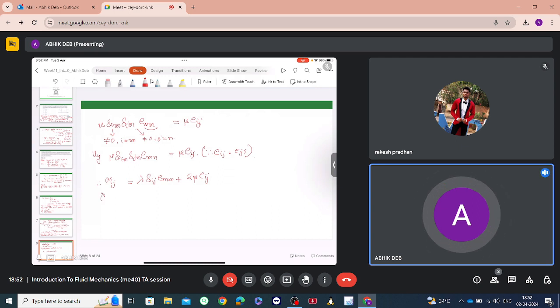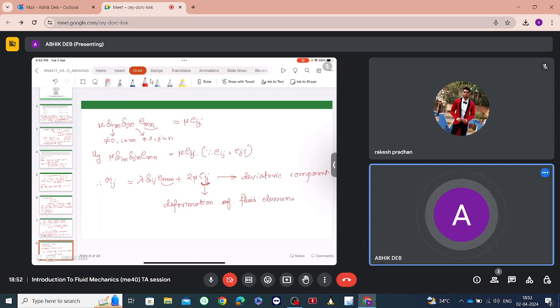And this tau ij, this is a deviatoric component, right? So the deviatoric component, you can see that this deviatoric component is dependent on the deformation of the fluid element.